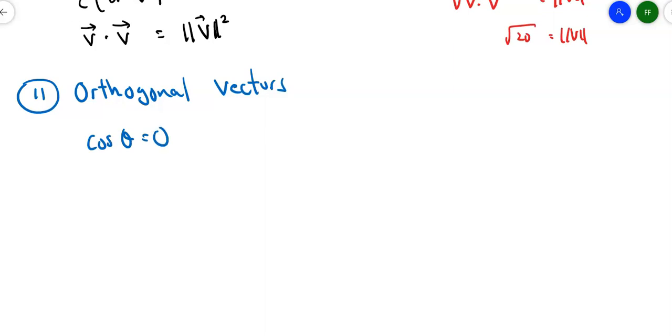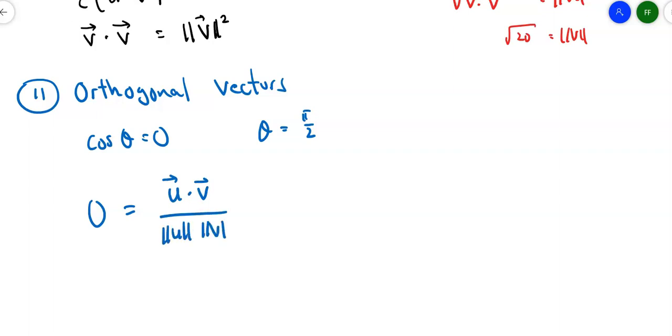The cosine of theta equals 0 at the top of the unit circle. That happens when theta is equal to pi over 2. So what if I went back to my formula and I replaced the cosine of theta with a 0? So what if 0 equals u dot v over magnitude u, magnitude v? Well, the only way that can happen is if the dot product is 0.